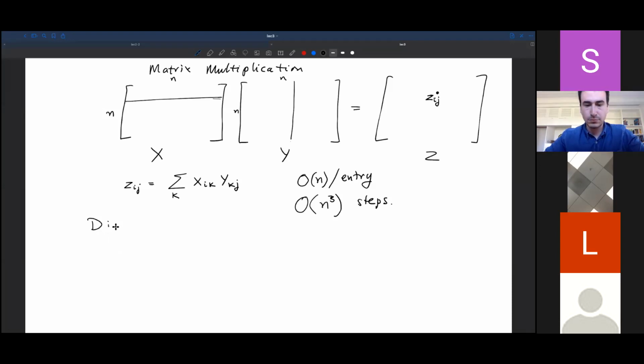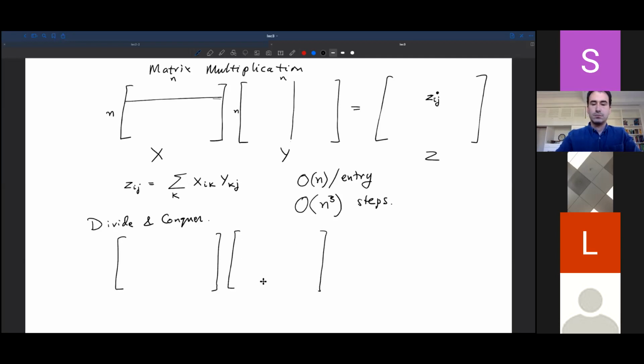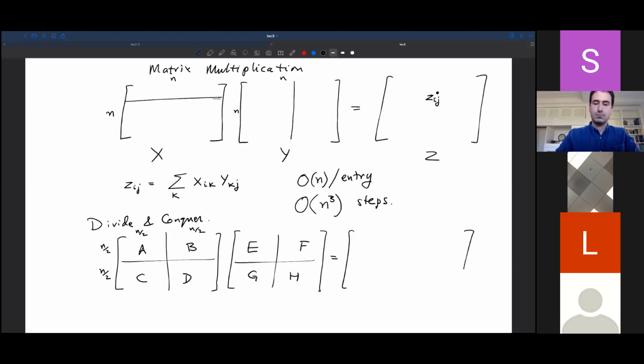So here's how you might do it. Let's take our matrices and divide them up into A, B, C, D, E, F, G, H. These are now n over 2 by n over 2 matrices. And now the answer is going to look like this.